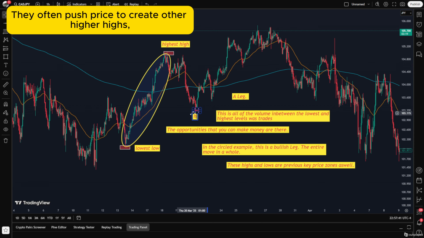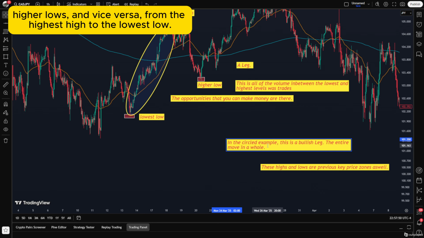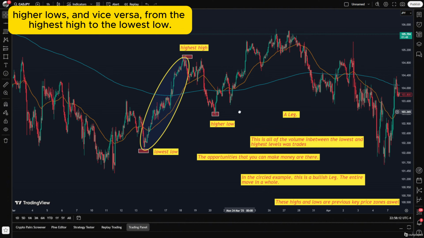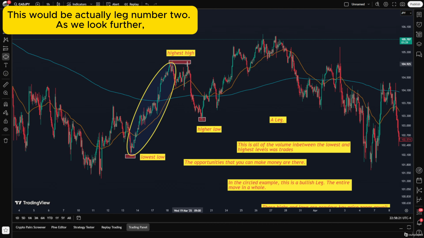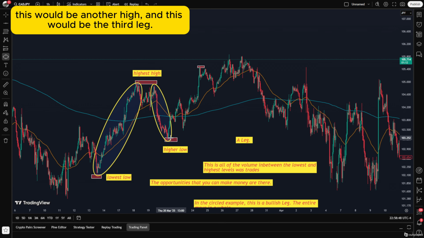They often push price to create other higher highs, higher lows, and vice versa. From the highest high to the lowest low, this would be leg number two. As we look further, this would be another high, and this would be the third leg.